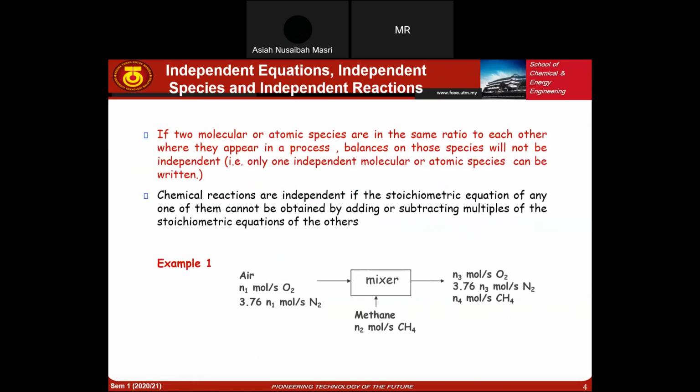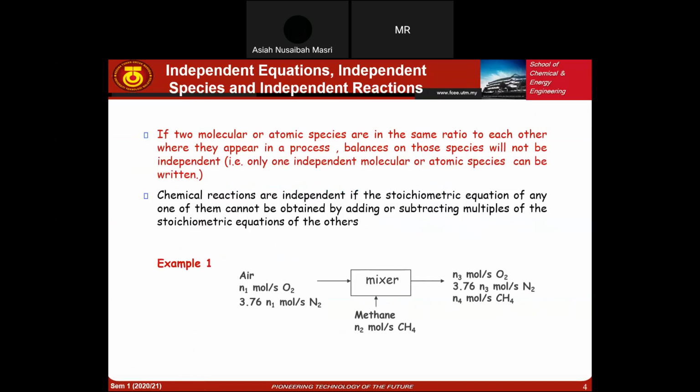Okay, now let's see how we solve the mass balance. Remember, part of the process in solving a mass balance is for us to find the degree of freedom, to know whether a situation, a question, a problem is solvable or not. So what is the basic equation for degree of freedom?